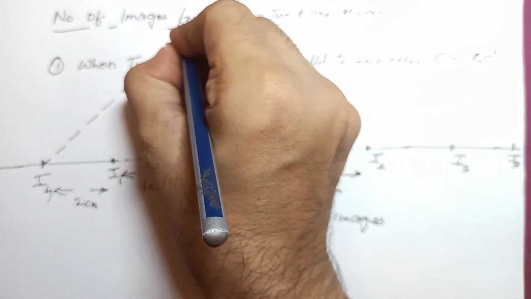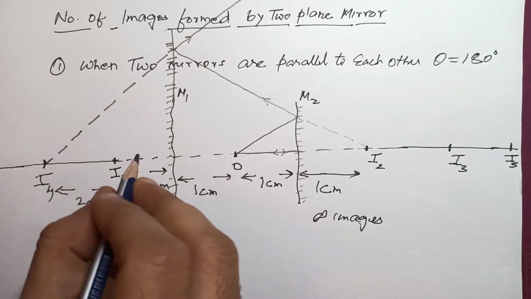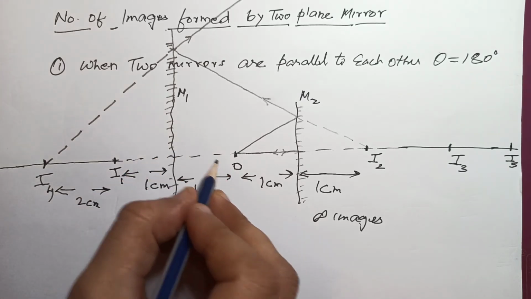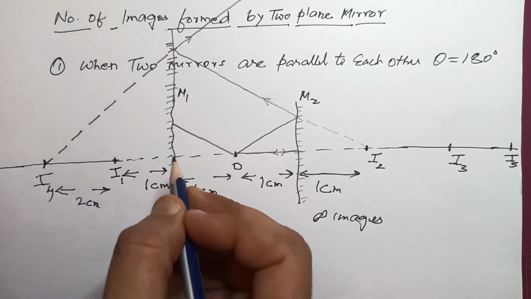It will go this way. Now if we look at the left-hand side, we will get one ray like this.